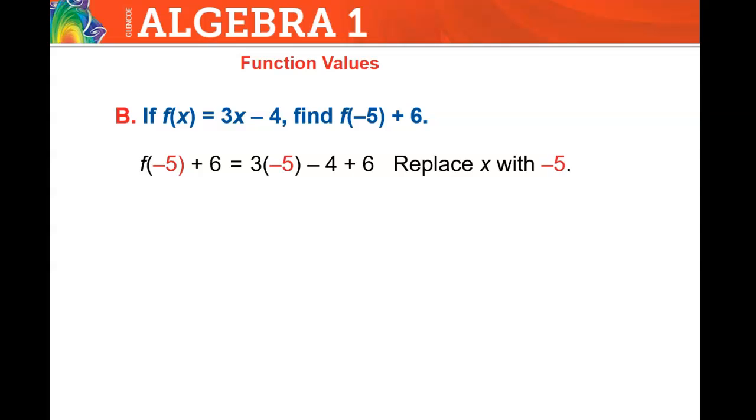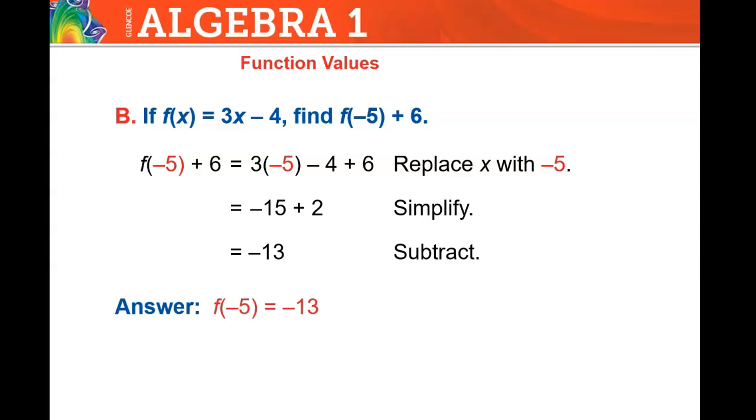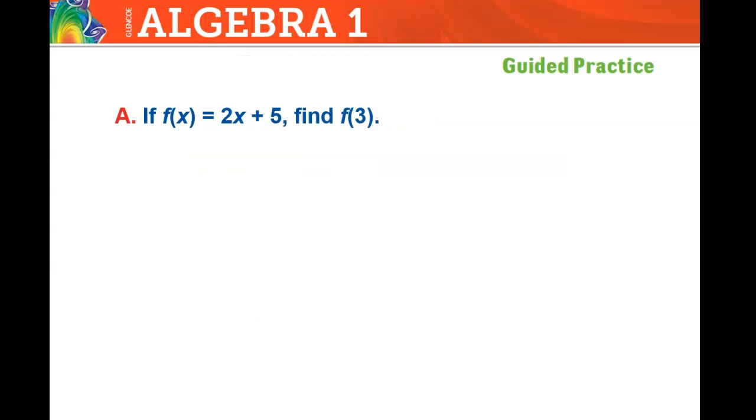So you'd get 3 times negative 5 minus 4 plus 6. Simplifying, you have negative 15 minus 4 plus 6, or negative 13. So f of negative 5 plus 6 is equal to negative 13.